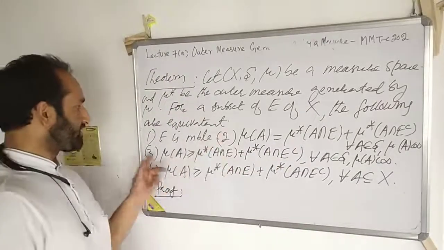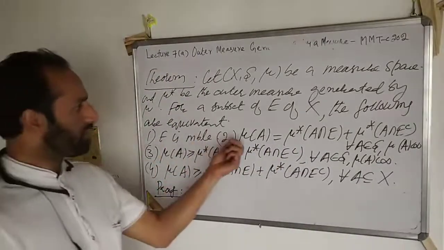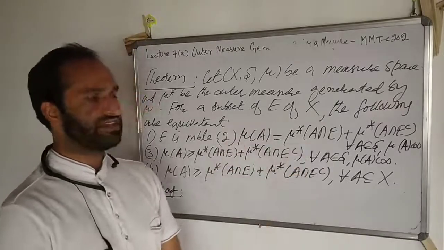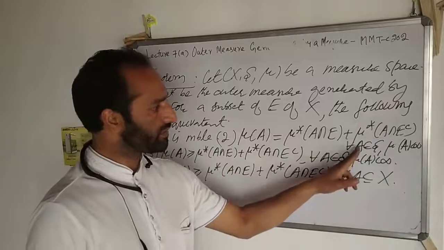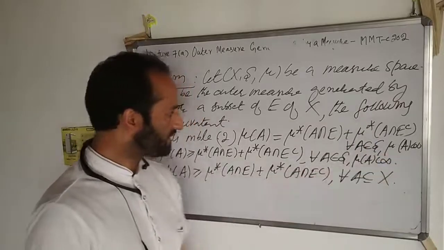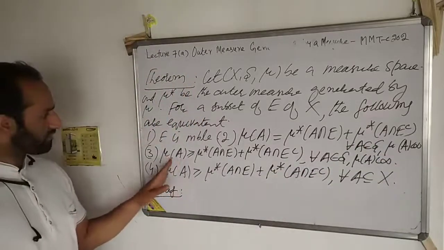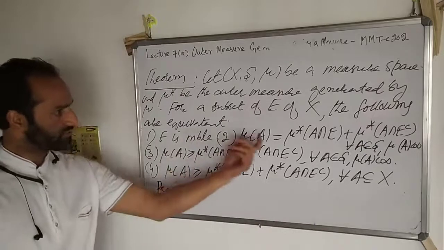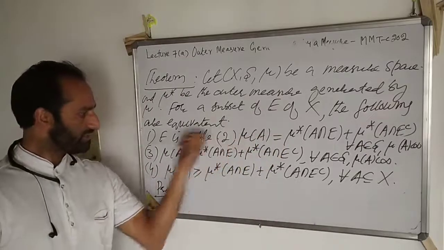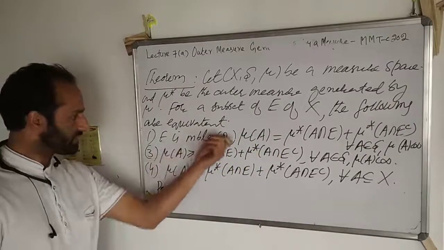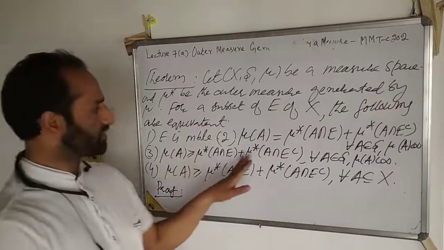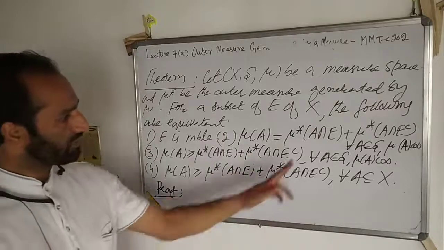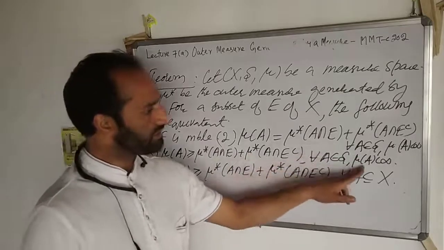And second implies third is also trivial because whenever mu of A is equal to mu star of A intersection E plus mu star of A intersection E complement for every member of S with its measure finite, then mu of A must also be greater or equal, because it's equal to. So mu of A is greater or equal to mu star of A intersection E plus mu star of A intersection E complement for every member of S with its measure finite.